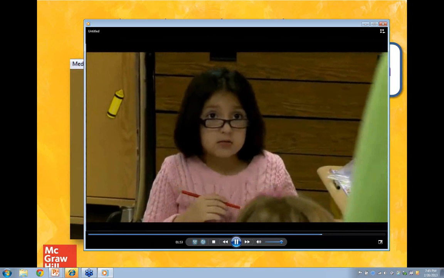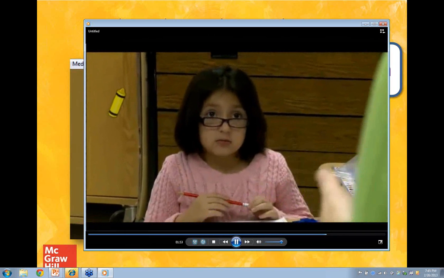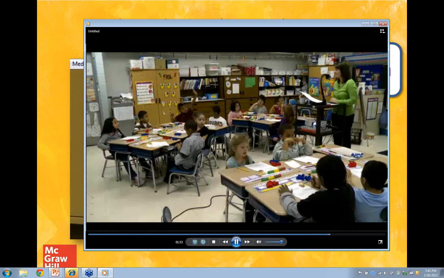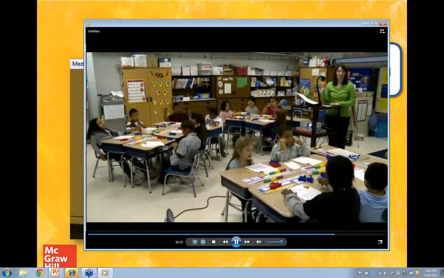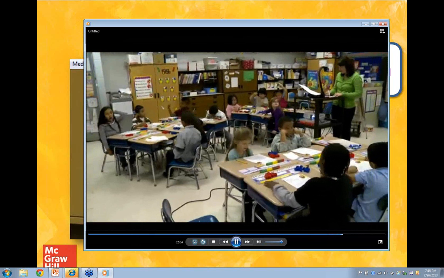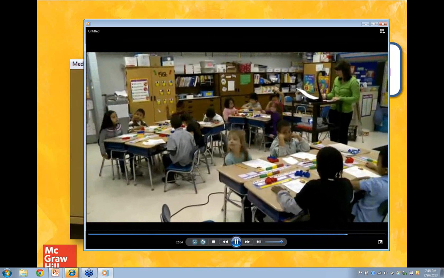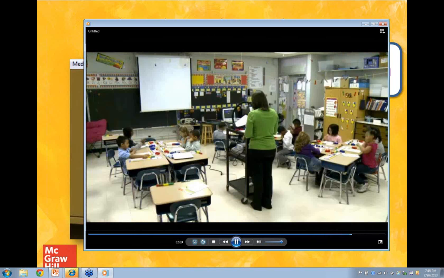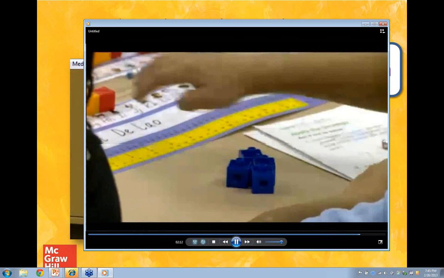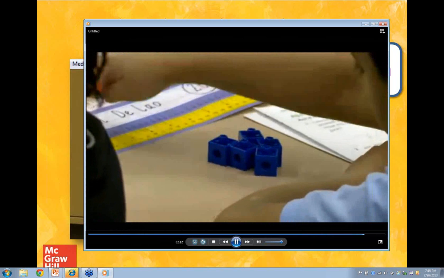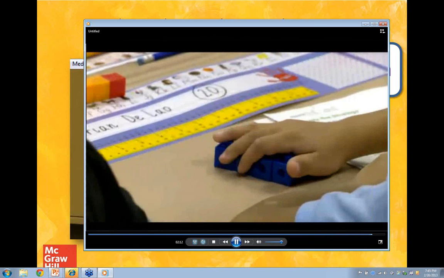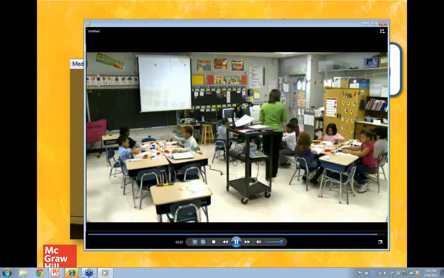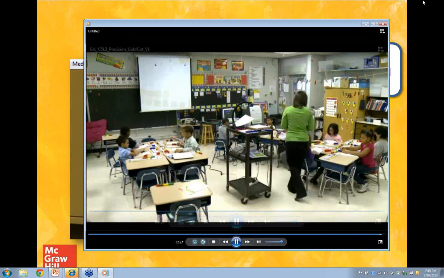Did everybody add 4 plus 6 to make 10? Yeah. Thumbs up? Good. So down below, we used the numbers 4 and 6 to make 10. I'm going to use 4 red cubes and 6 blue cubes. Use your cubes, please. 4 plus 6 equals 10. Good. Nice job, Anthony. Very good.